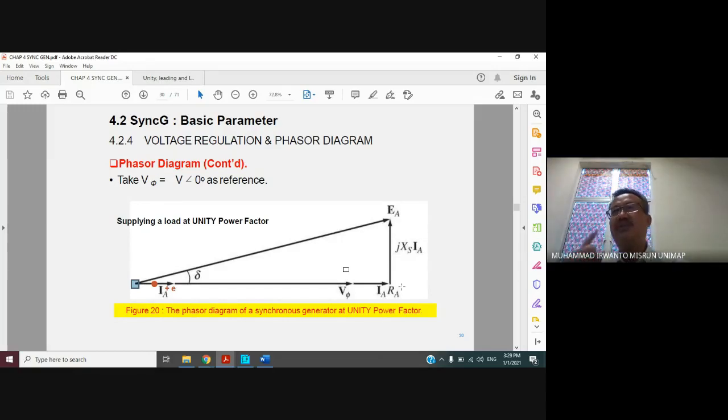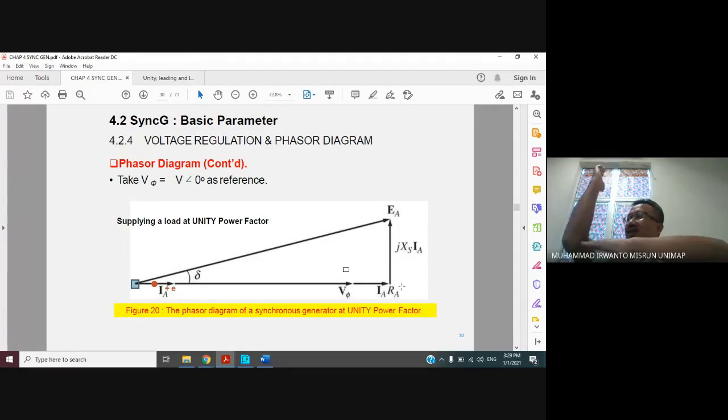After that, you draw the value of jXS IA. If it is the total phase voltage, after IA RA you draw jXS IA. Remember, the vector jXS IA is perpendicular, at an angle of 90 degrees. The drawing method is the same for unity, lagging, and also leading.